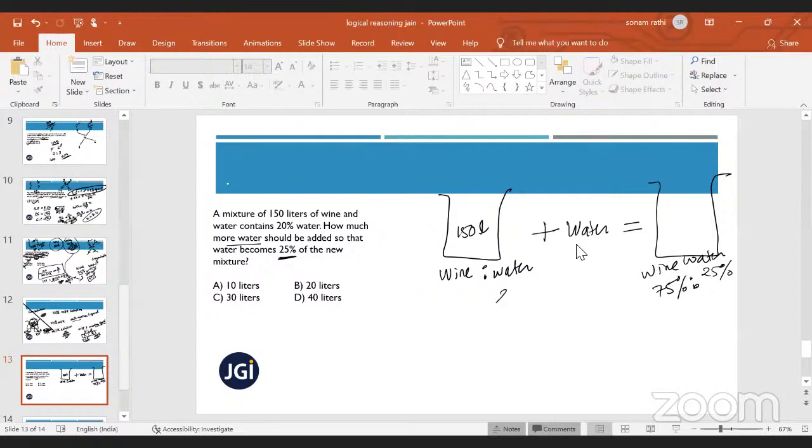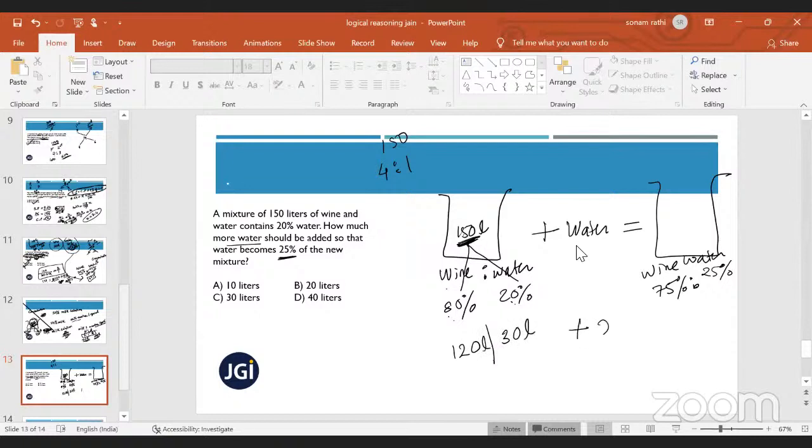In this one, it is 20% water and 80% wine. First I find how much is wine and how much is water. 4 is to 1, so 150 you have to divide in 4 is to 1 ratio. That will be 120 liters and 30 liters.